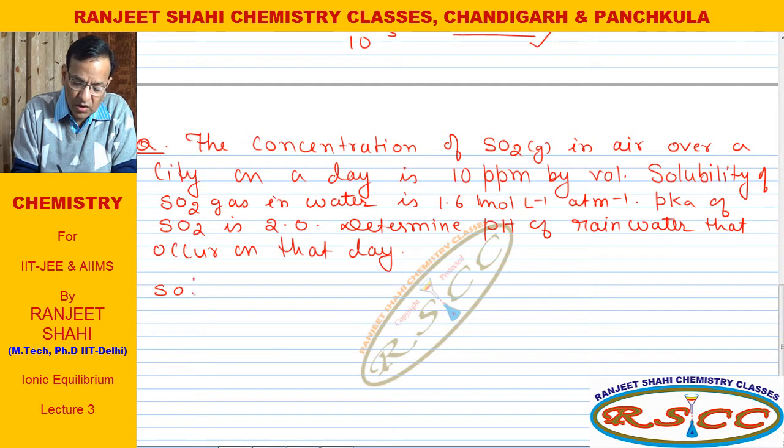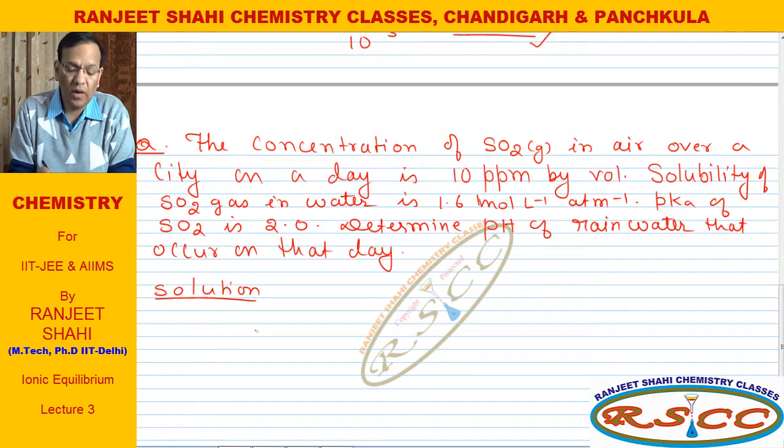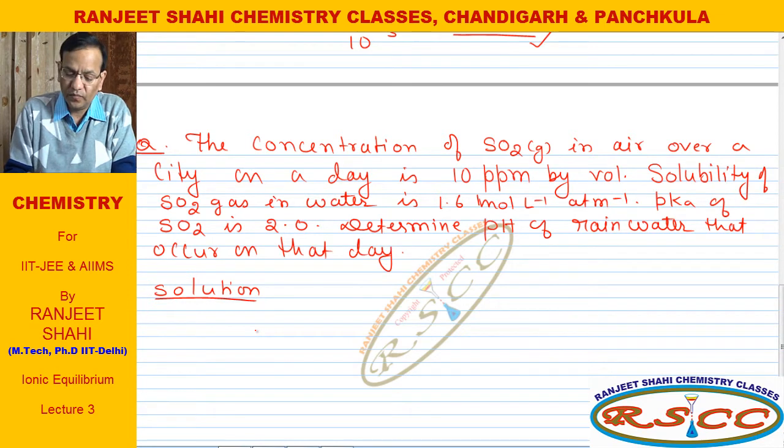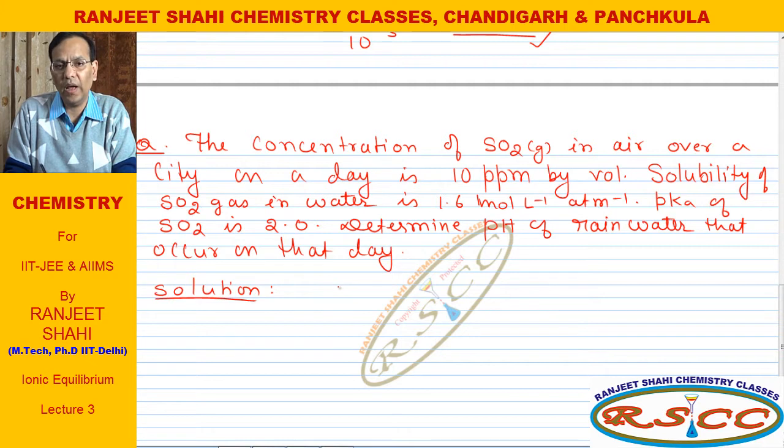So first we'll have to find out the concentration of SO2 in the rainwater, and for that we'll have to use the relationship of solubility of gas with the Henry's law constant. So concentration of any gas is equal to partial pressure of that gas multiplied by the constant Kh, which is Henry constant. Here this constant is given.